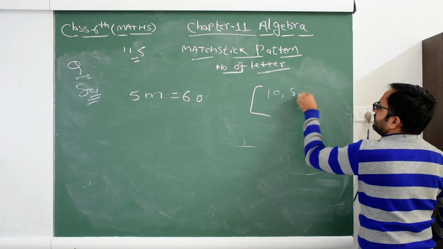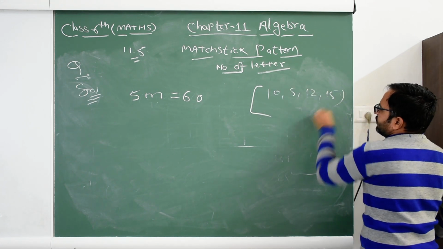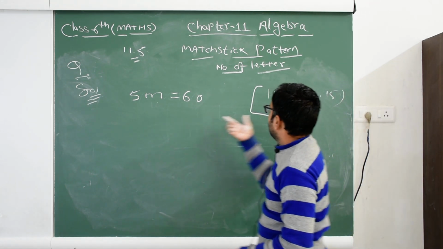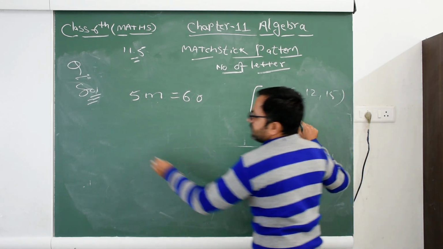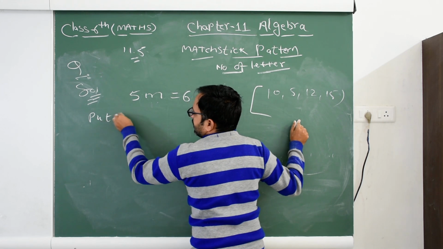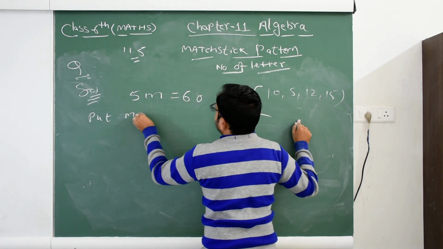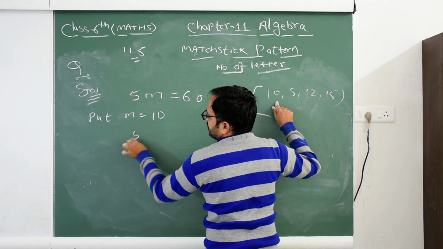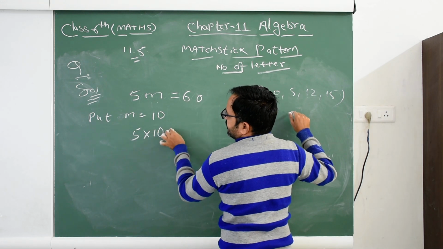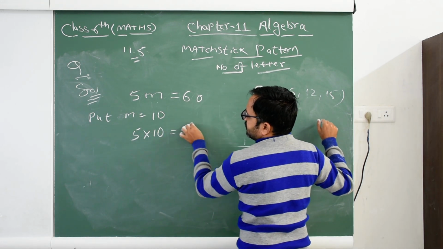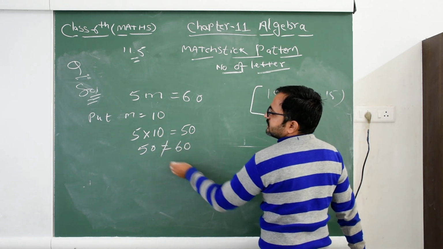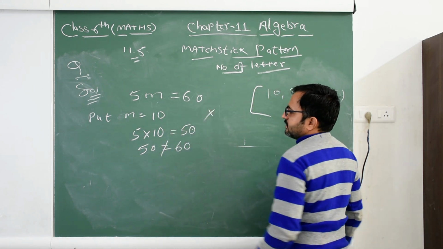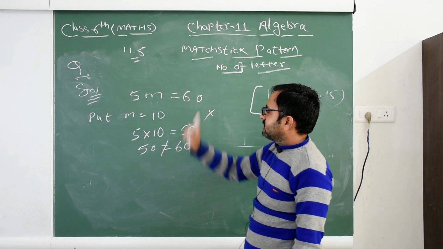Now which value satisfies this equation? First we put m equal to 10. 5 into 10 is 50, and 50 is not equal to 60. So m equal to 10 does not satisfy this equation.